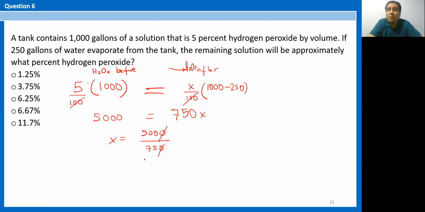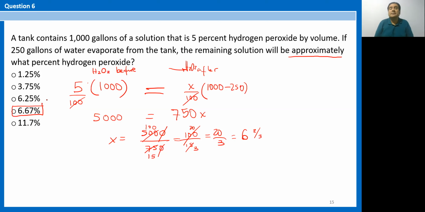Here zeros go away, and taking a division by 5, you get 15, and 100. So it's 100 divided by 15. By 5, this is 20, and by 5, this is 3. 20 thirds. That is 6 2/3. That is the percent, which is closest because it says approximately this value, 6.67. That would be the answer.